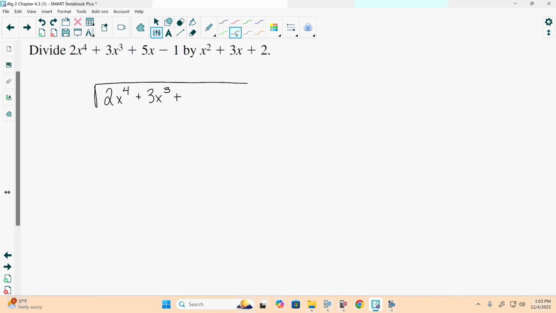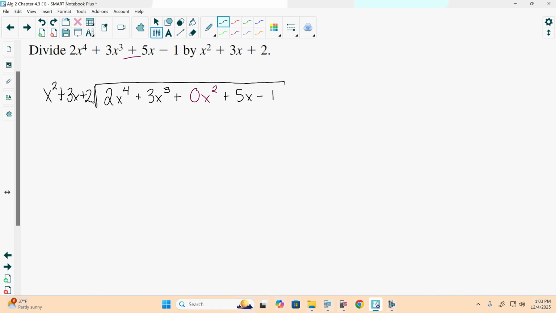plus, wait a minute, do we have an x squared term? No. So we're going to fill it in as 0x squared. If we have any terms missing in either one of the two, we want to fill it in as 0 times that term.